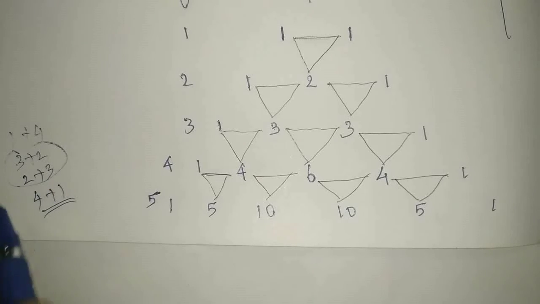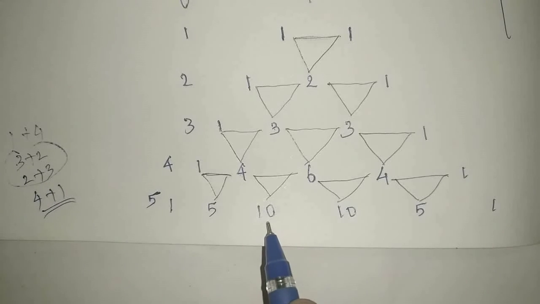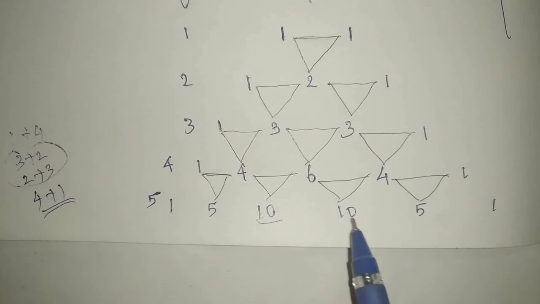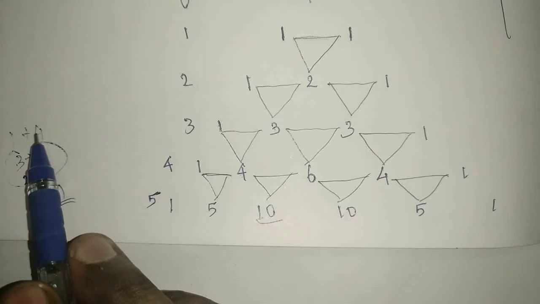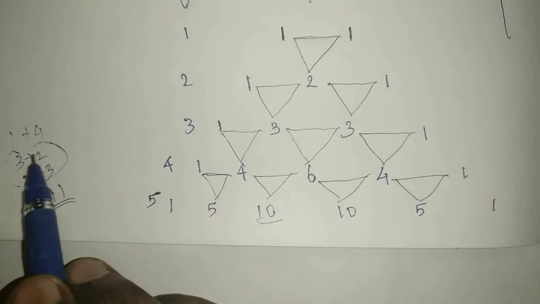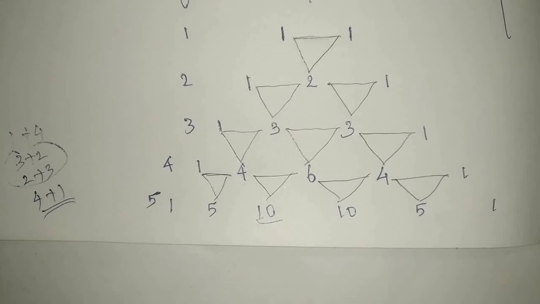And next one, this 10 means a power 1 b power 4. And next we have a power 4 b power 1. And finally from this anyone you can use. Like that you need to go one by one.